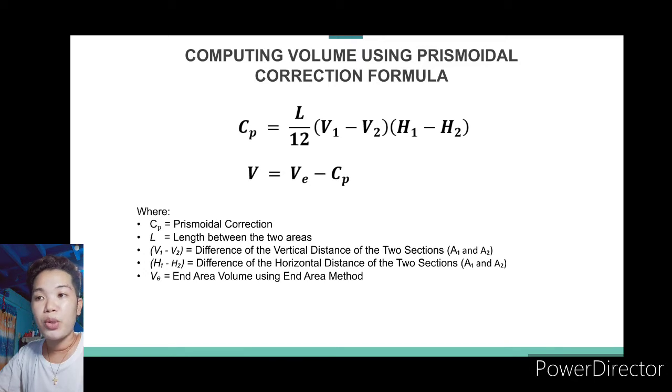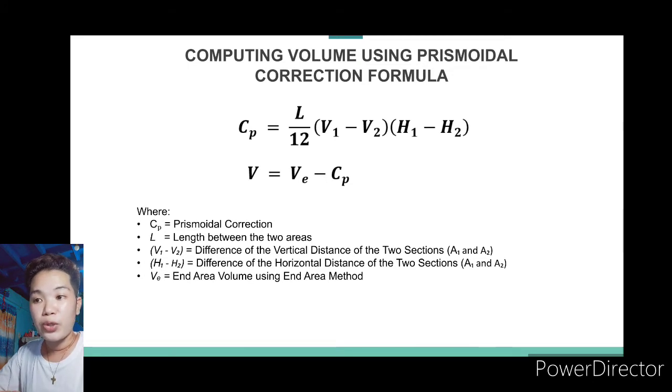Computing volume using the prismoidal correction formula. The formula will be C_P = L/12 × (V1 − V2)(h1 − h2), wherein C_P represents the prismoidal correction, L represents the length between the two areas, V1 − V2 is the difference of the vertical distance of the two sections, which is area 1 and area 2, and h1 − h2 is the difference of the horizontal distance of the two sections.